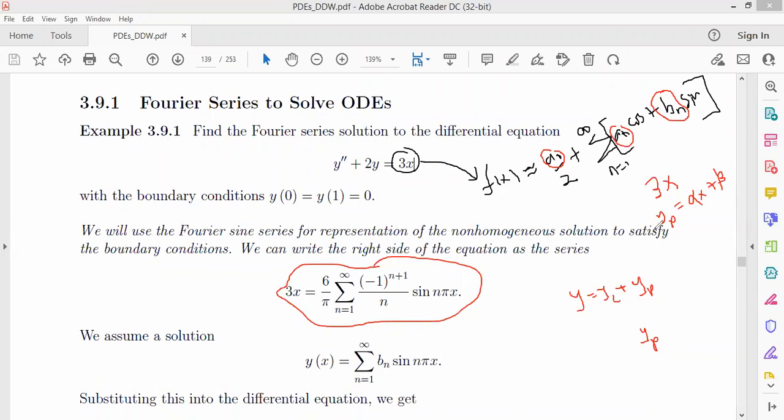So we would say the generic form of that YP would be that. And then, since this is second order, we differentiate this one twice, substitute it in there, equate it to this original function 3x, do some comparison of coefficients, and we end up with the values of alpha and beta. It is the same story here, guys.